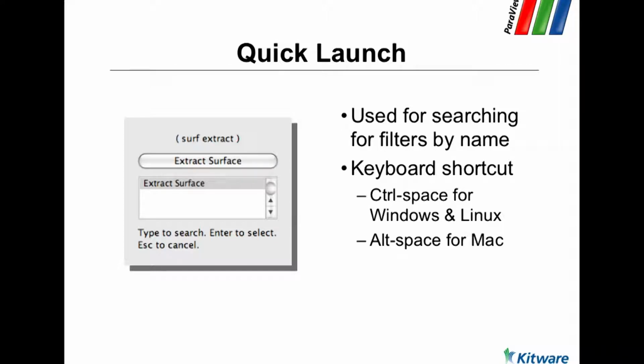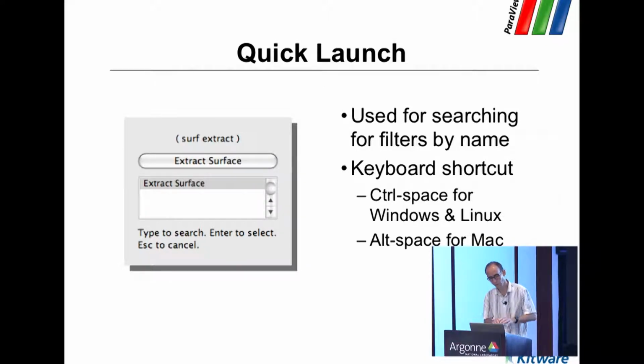So selecting the filters with the mouse may be awkward if you have to go through 150 filters. So we have this search facility, the quick launch, where you just type a few letters from a filter, and all the filters that match those letters are going to be displayed.